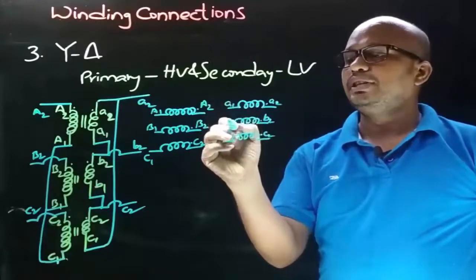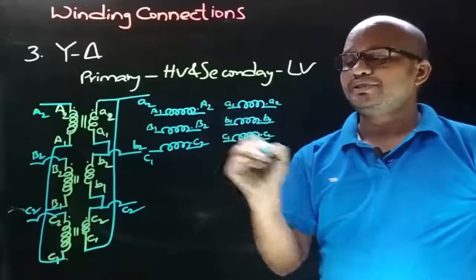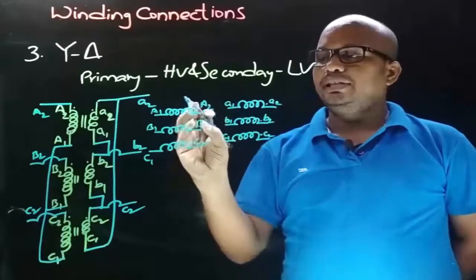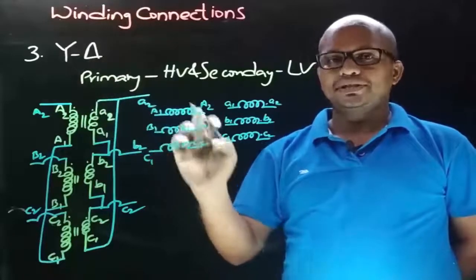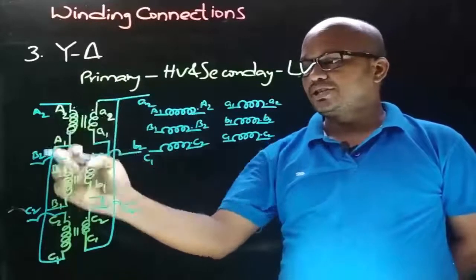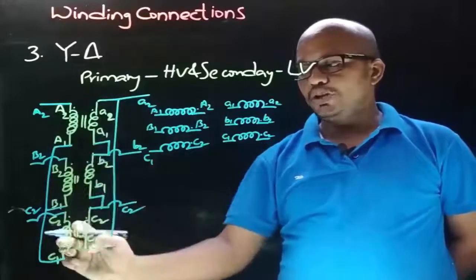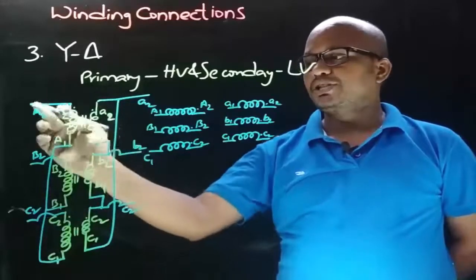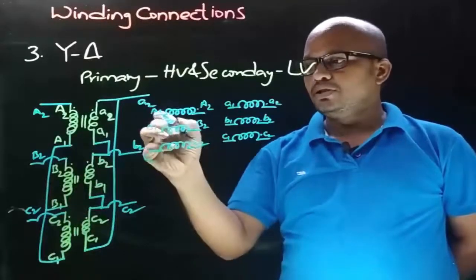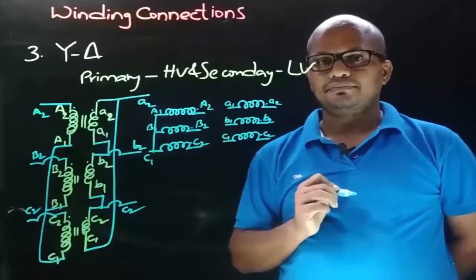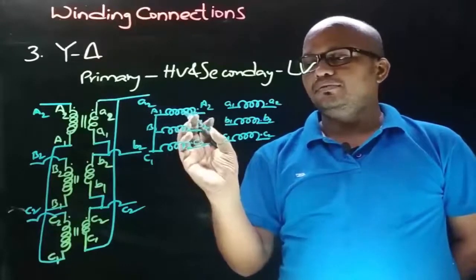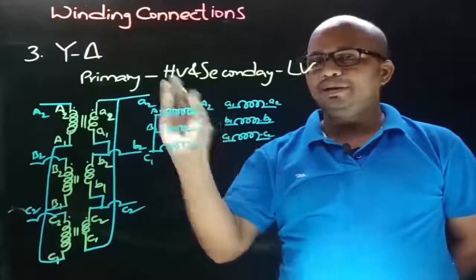So this end will be a1, small b1, small c1. Now make a note that on primary side we need to obtain star connection, and here star connection is obtained by joining the non-dot end terminals, and we took the connection from dot end terminals, means join the non-dot end terminals like this. So we obtain the star connection on primary side.